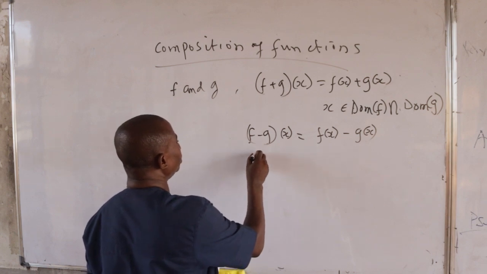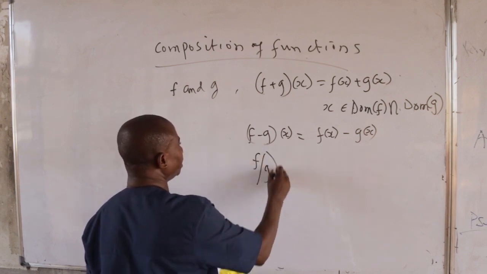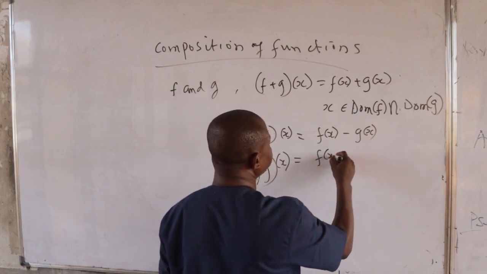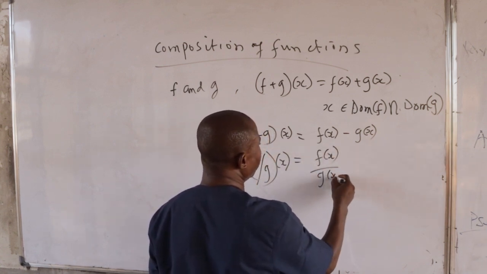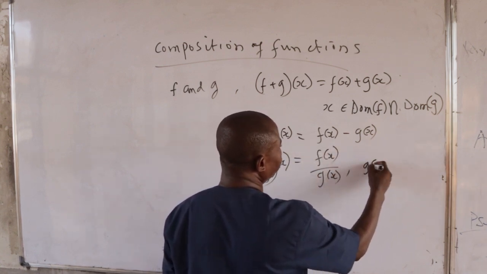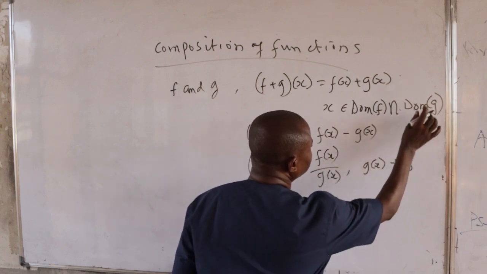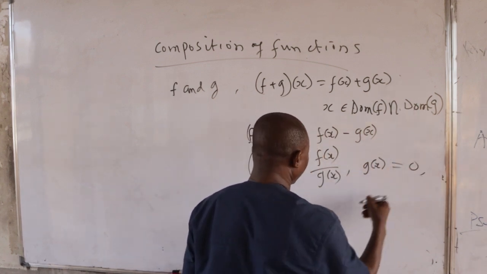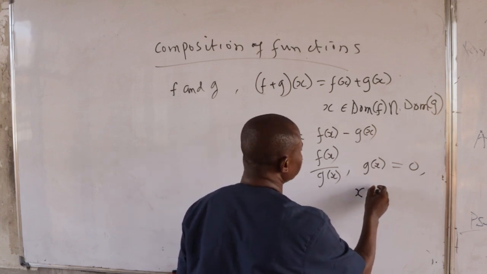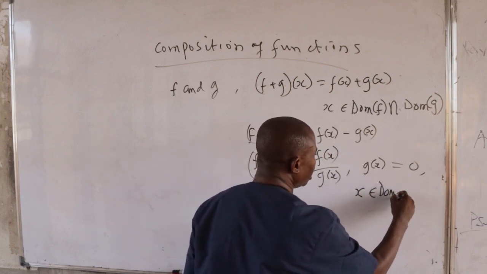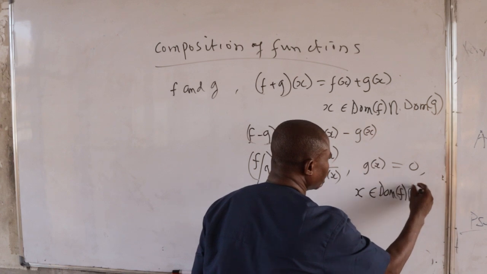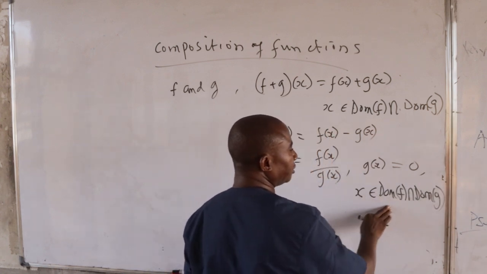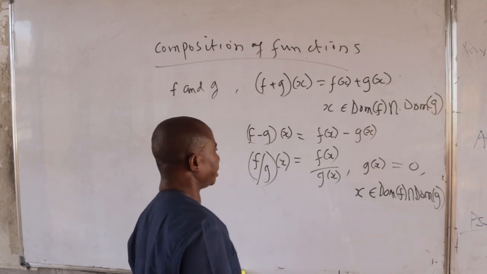We can also do f divided by g acting on x. This is f of x divided by g of x, provided g is not the zero function. Here again, we want x to be a member of the domain of f intersection the domain of g, so we still want non-emptiness of this intersection.